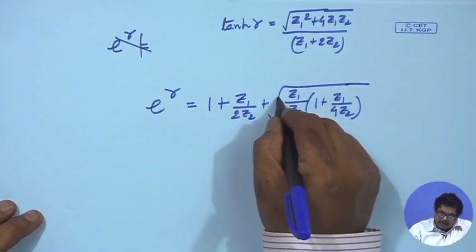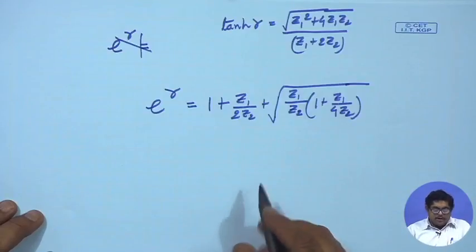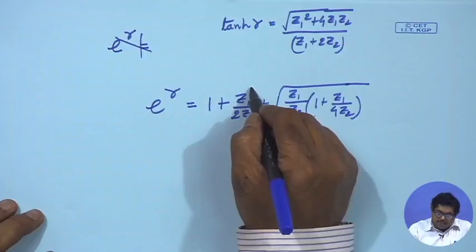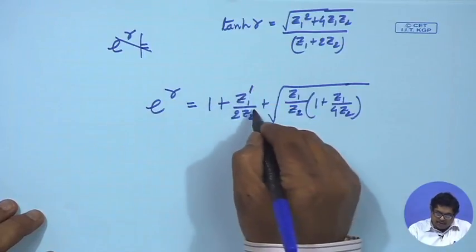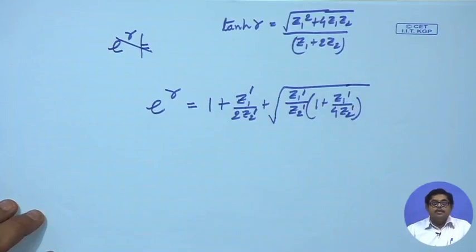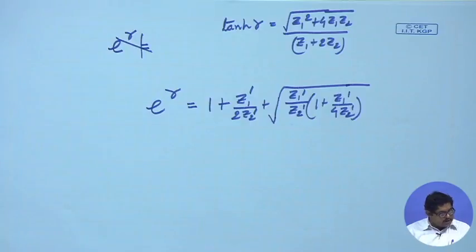This is the expression we always get. Now, we are looking for the m-derived section, so let me put primed quantities here, e to the power gamma with Z1 dashed and Z2 dashed. So, this is the expression for e to the power gamma.